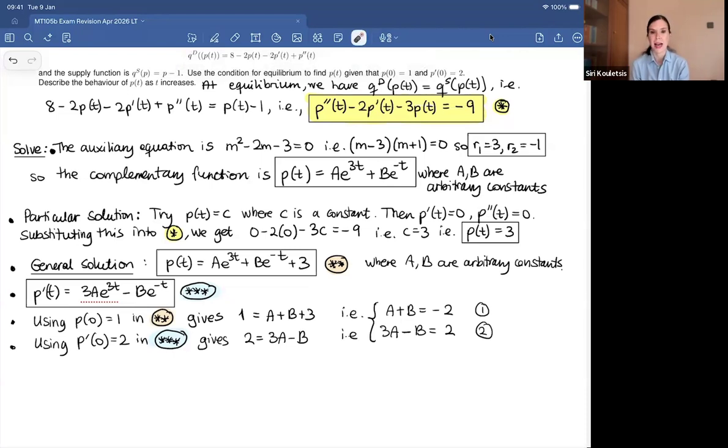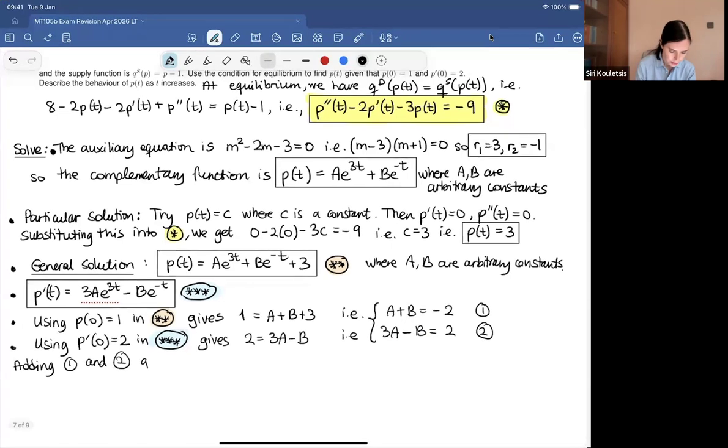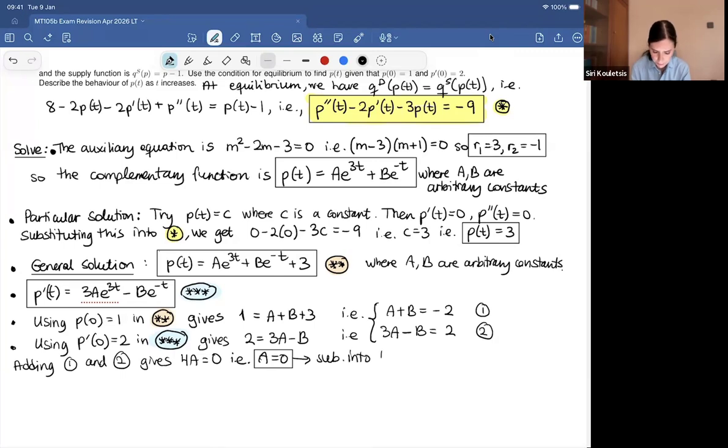Now we can see here that if we add equations 1 and 2, the B's vanish and we get our solution for A. We get 4A equals 0. And so A equals 0. Which we just substitute into either 1 or 2 to see that B is minus 2.